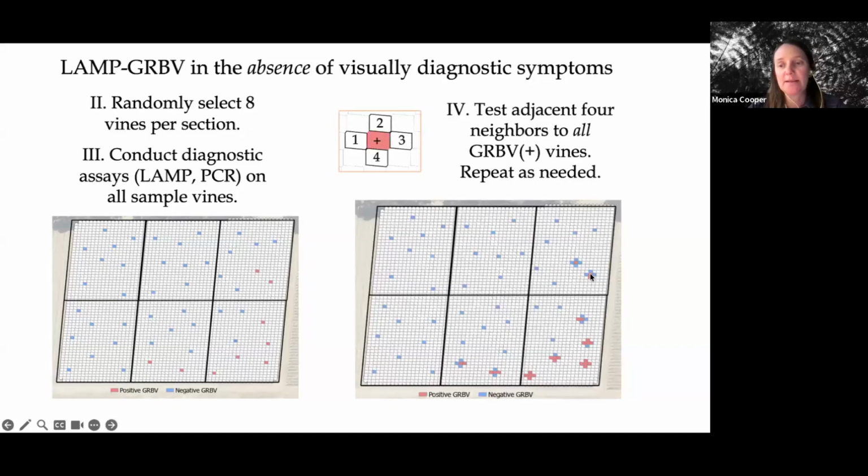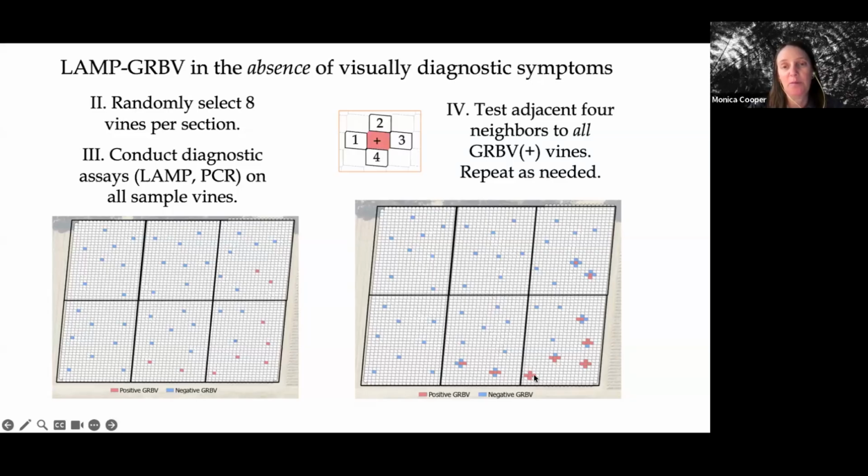Once you find those vines, you're going to go into the adaptive approach. And so the next step is, next to all the positive vines, you're going to sample the 4 neighboring vines. And this is the step that's going to allow you to identify where those clusters of infected vines are. And in this example, I'm showing you one step where you had the original infected vines here on the left, and then on the right, you're seeing where we sampled those 4 vines around them.